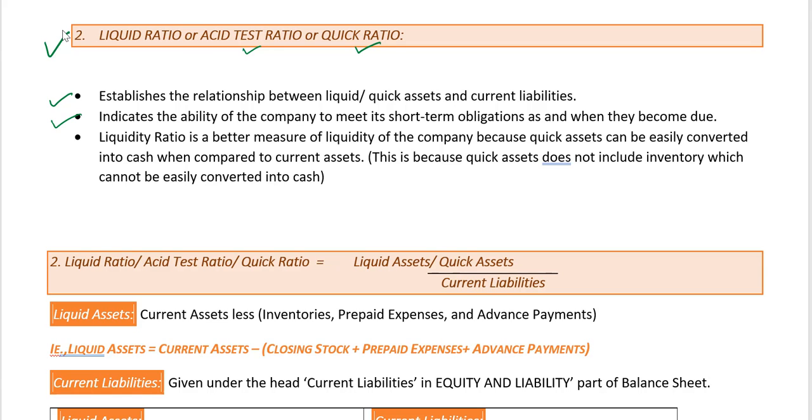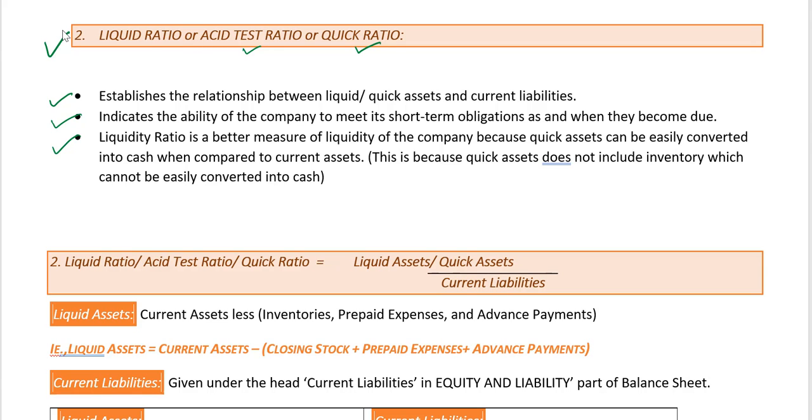This ratio also indicates the ability of the company to meet its short-term obligations as and when they become due. But this liquidity ratio is a better measure of liquidity of the company because quick assets can be easily converted into cash when compared to current assets.